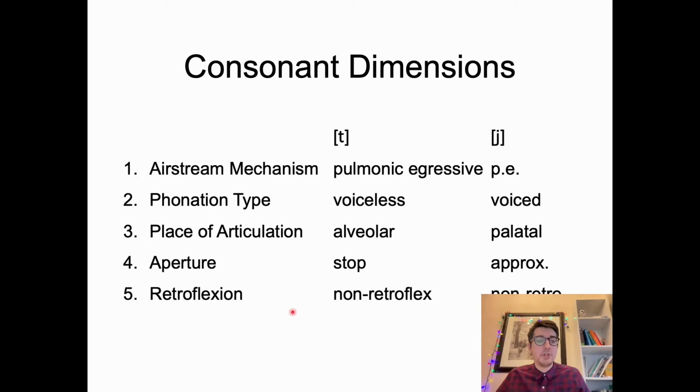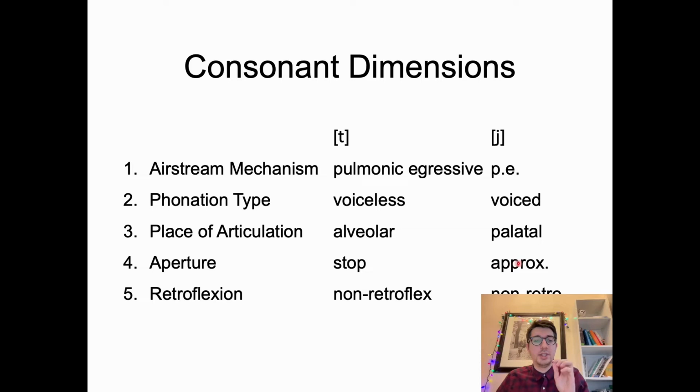Next one is aperture. Aperture is basically the openness, or the degree of constriction, if you like. So to what extent we constrict our vocal tract in order to produce certain sounds. For example, for the t sound, we're completely stopping the airflow from coming out at one point with the tip of our tongue.